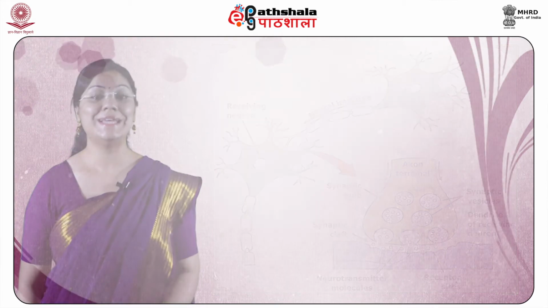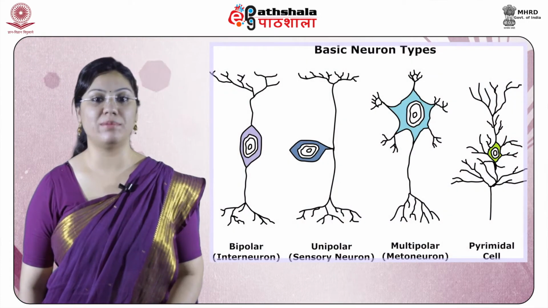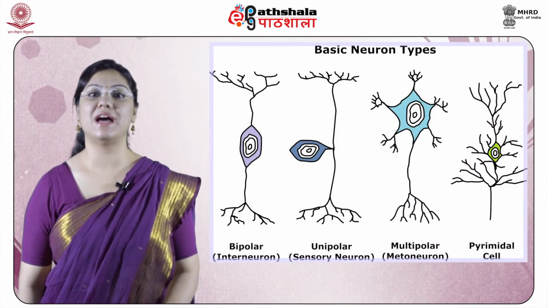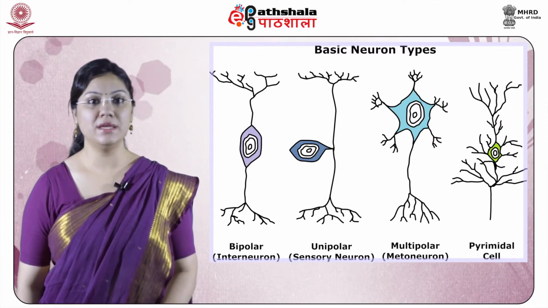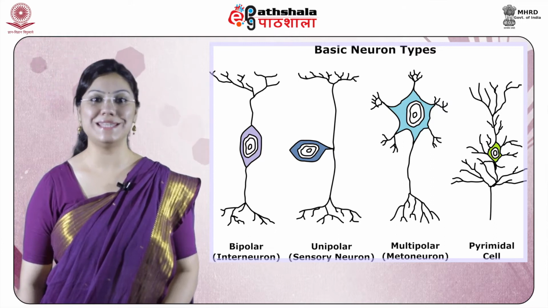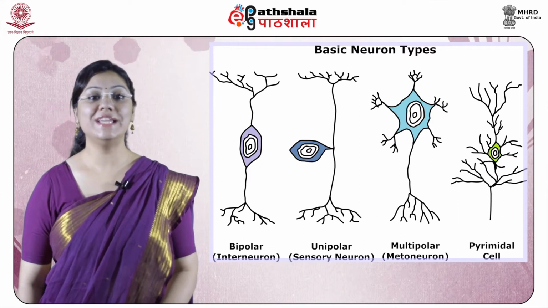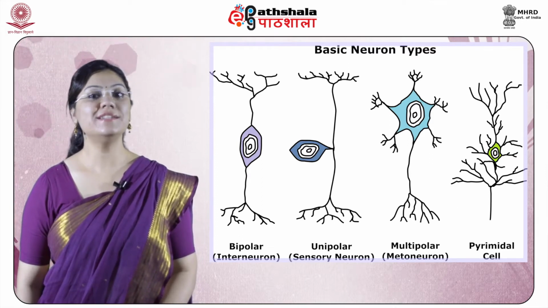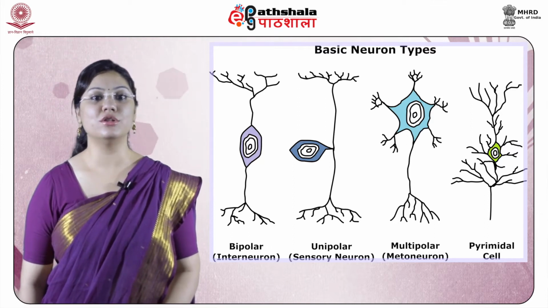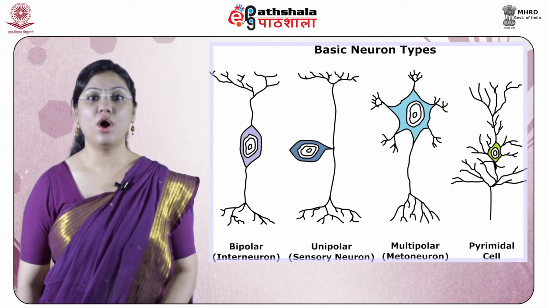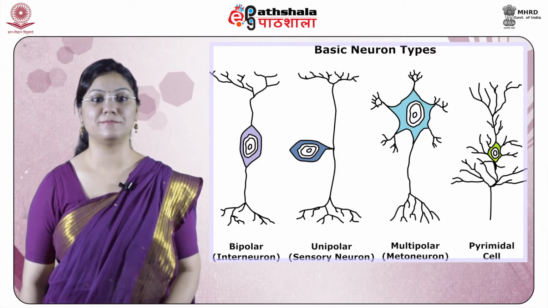Types of neurons. According to the functions they perform, neurons can be classified into A. Sensory neurons, B. Motor neurons, C. Interneurons. Sensory neurons relay information related to the external stimuli from the sensory organs to the brain or the spinal cord, where the information is processed.